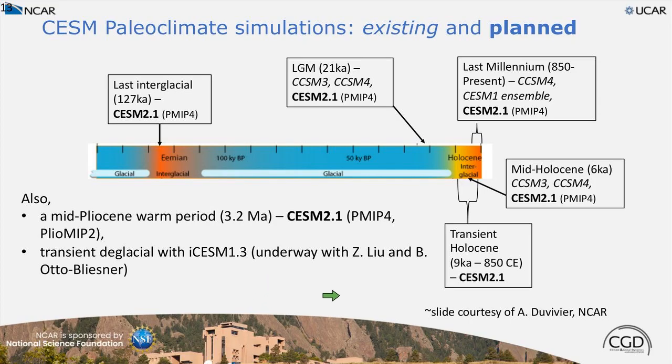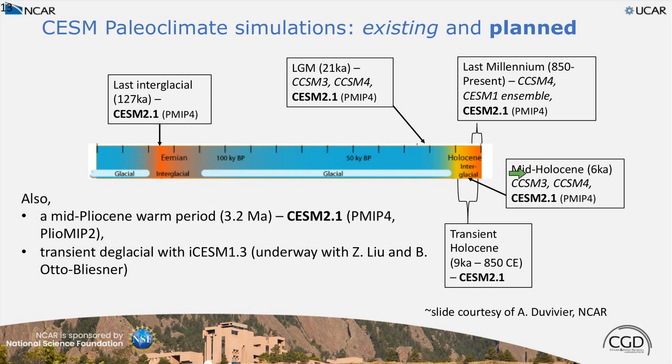What NCAR has planned for PMIP is shown here in the schematic. We have some existing runs from earlier PMIP cases where we have the LGM simulated with the CCSM3 and the CCSM4, and we're about to start with the CESM 2.1 model. We have a last millennium ensemble with the CESM1 and a previous single case with the CCSM4.